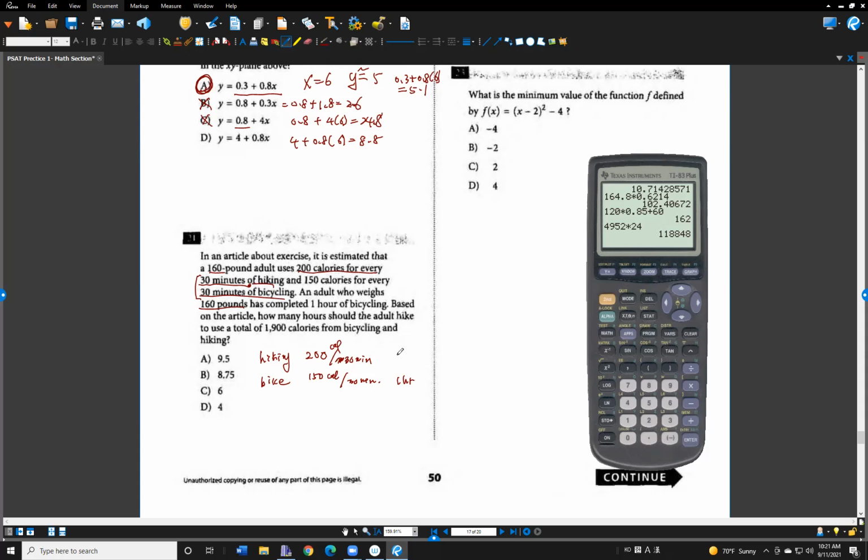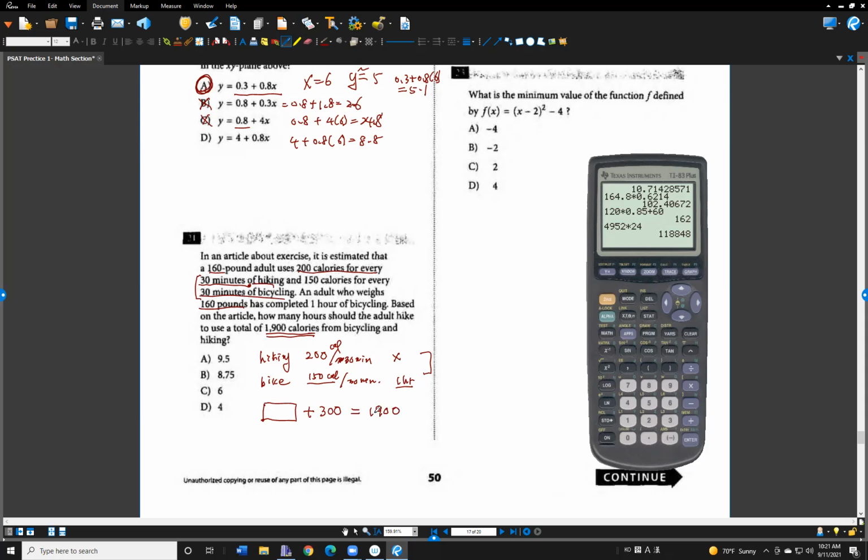So this is x hours. Total should equal 1900 calories. So we can set up the equation, right? For 1 hour, how many calories for the bike? 30 minutes is 150, times 2, so 300 calories. So hiking plus 300 calories, total is 1900.